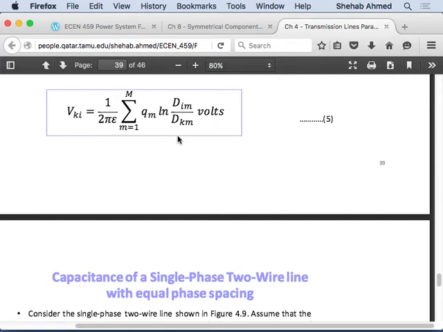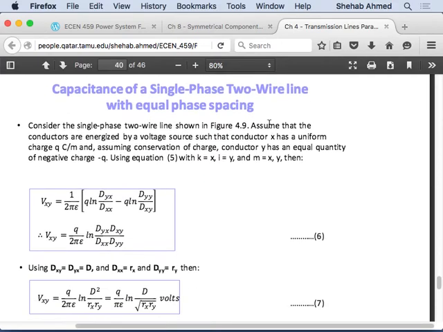In our case, it was AB. So if K is A, then the denominator of the first term was DAA, which is the radius. The denominator of the second term was DAB, the distance between the two conductors. So this is Dxy, this is Dxx.